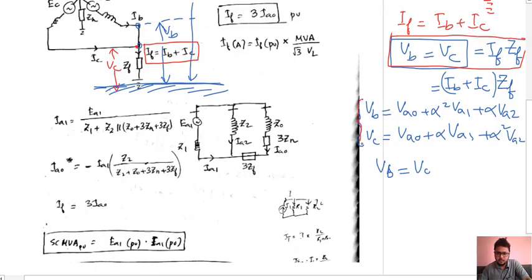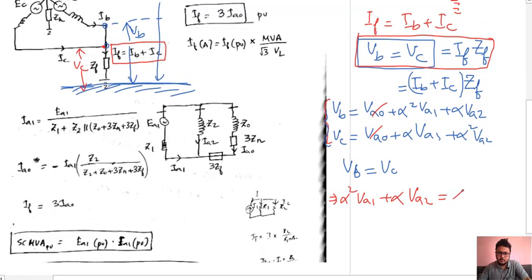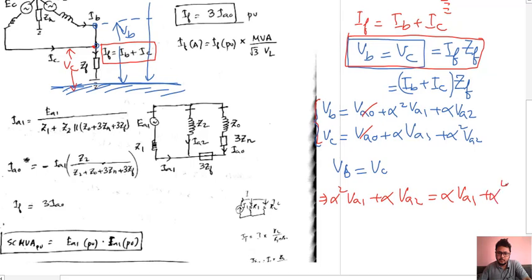So we are simplifying this. If you equate VB and VC, what will you get? The VA0 terms will get cancelled. What remains? In the VB part, alpha square VA1 plus alpha VA2 equals, in the VC part, alpha VA1 plus alpha square VA2.